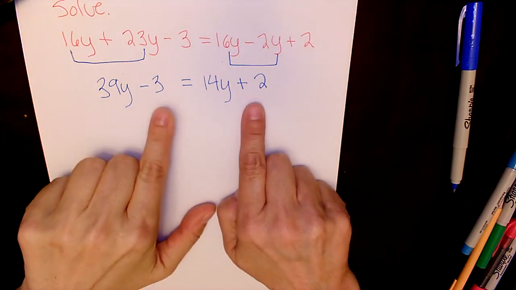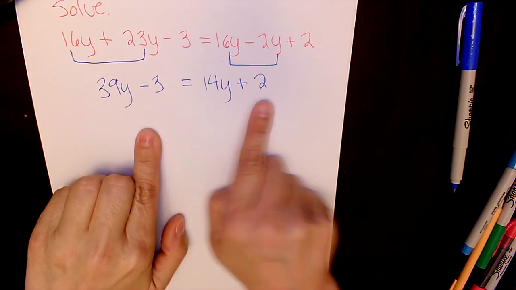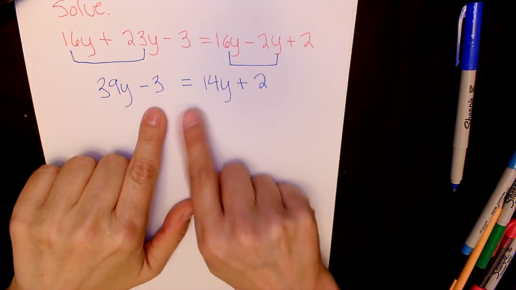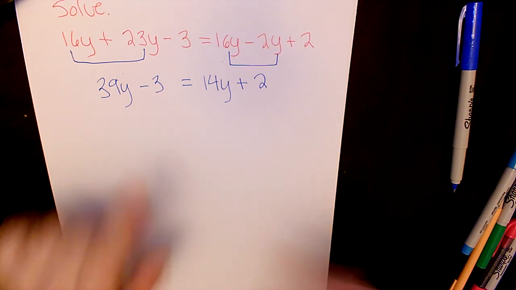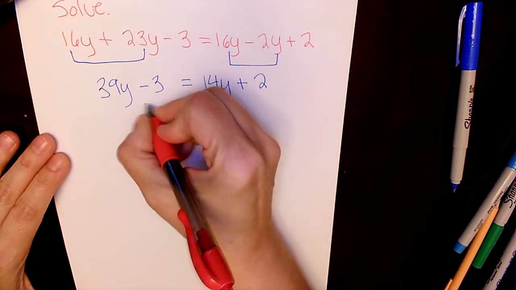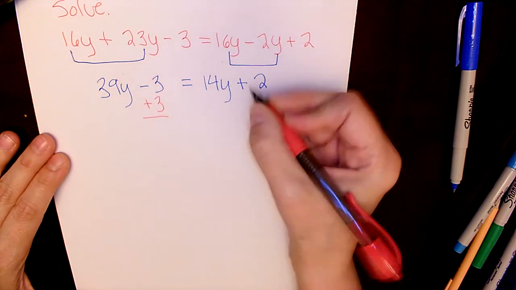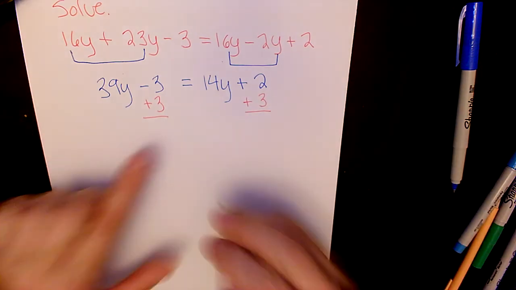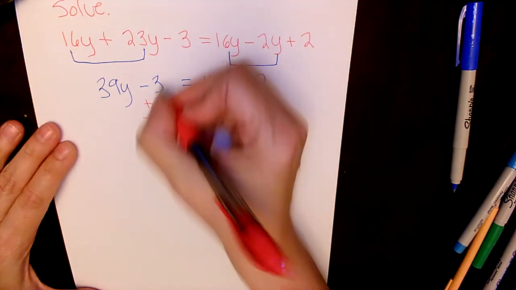And again, I always like to start with the numbers. We can start here or here. I'm going to add 3 because that's the opposite of subtracting 3 to both sides. Okay, these are going to drop out.